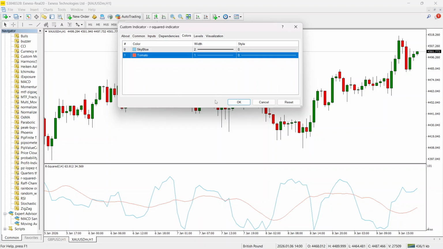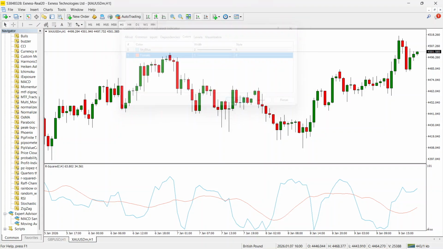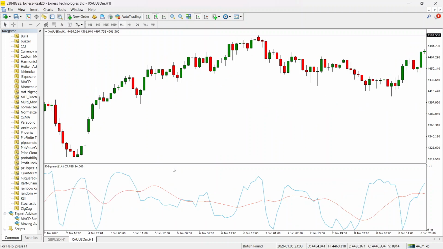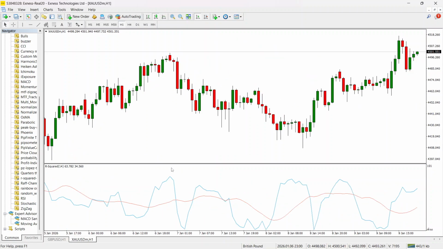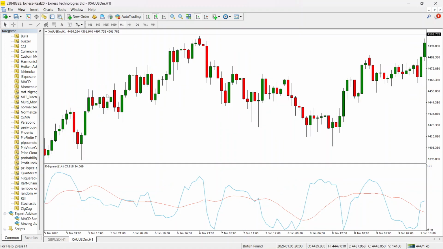The R squared indicator is suitable for traders who want a quantitative, data-driven assessment of trend reliability to confirm other indicators or to filter out ranging markets.